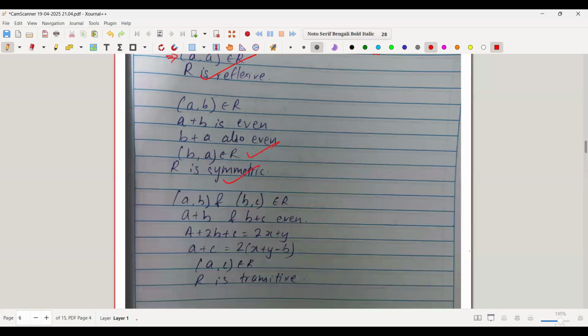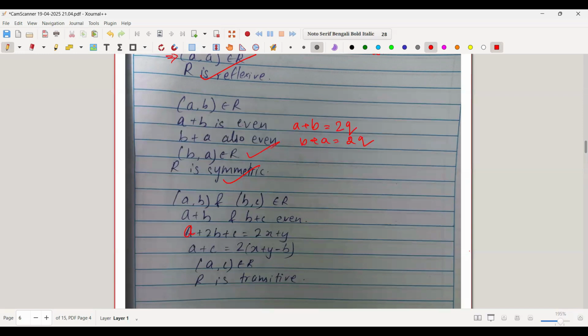So a plus b equal to 2q and b plus a equal to also 2q. Now a plus b and b plus c are even.